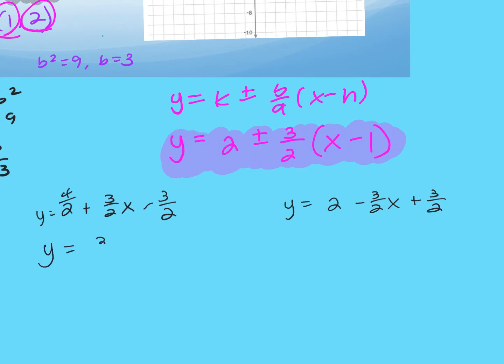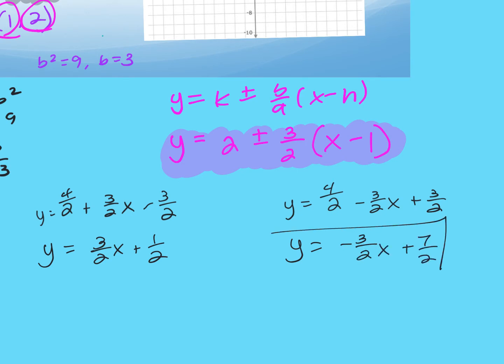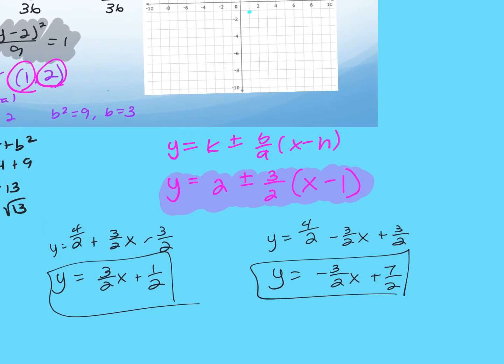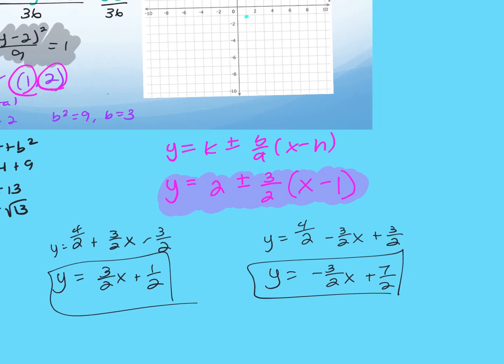So y equals 3/2 x plus 1/2. And y equals, this is 4/2, -3/2 x plus 7/2. So slope intercept form would be that. But again, you could totally leave it like that.